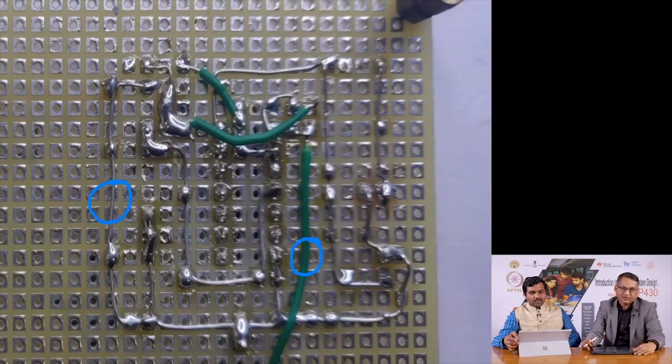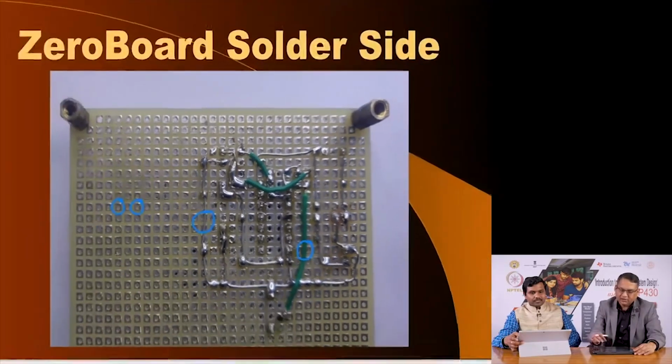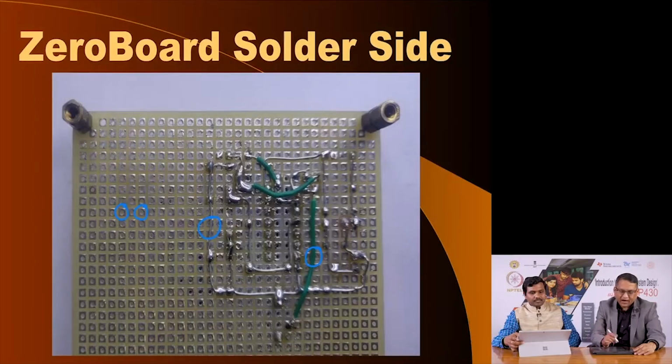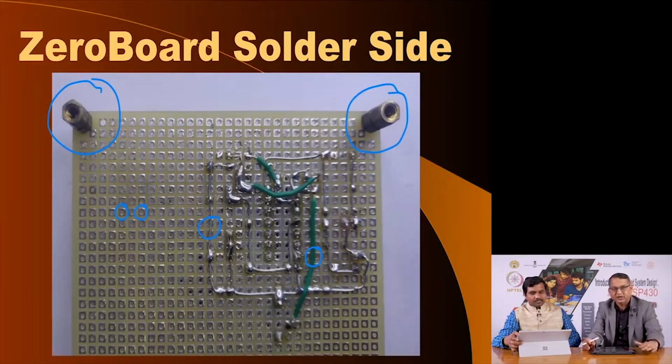As I mentioned earlier, we use a standard size of 24 to 26 SWG for such purpose, and here you see that this circuit has been soldered, and you see this is very important. These are all mounting holes, because at the end of the day this PCB will rest on some surface, and if the surface is conductive, then it might short the connections on the bottom side.